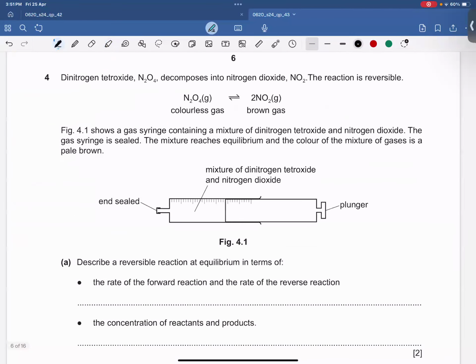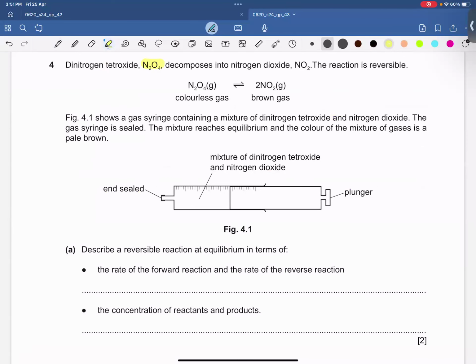Next, question number 4. Dinitrogen tetroxide decomposes into nitrogen dioxide according to this equation. Figure shows the gas syringe containing mixture of dinitrogen tetroxide and nitrogen dioxide. The gas syringe is sealed, the mixture reaches equilibrium, and the color of the mixture gases is pale brown. Okay. Describe a reversible reaction at equilibrium in terms of the rate of forward reaction and the rate of the reverse reaction.